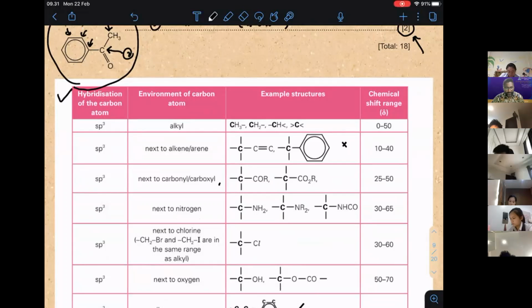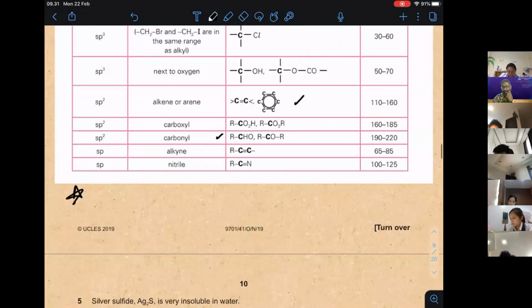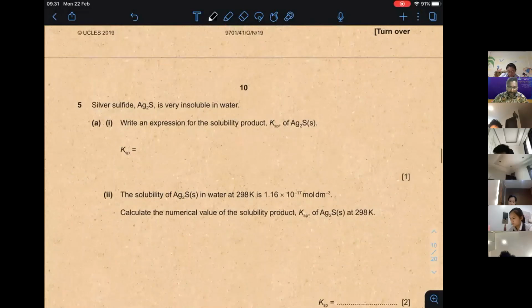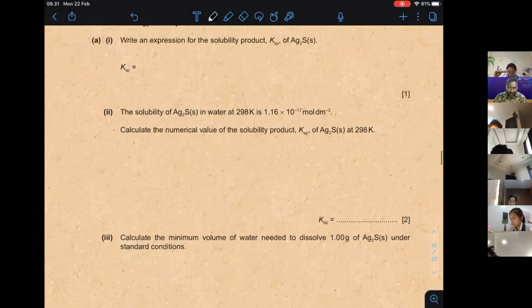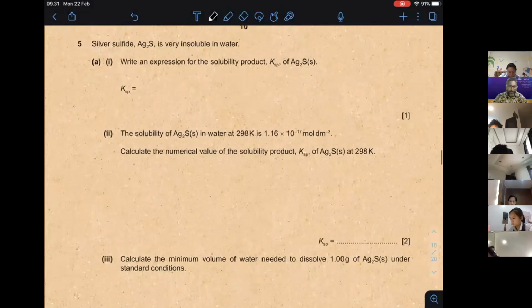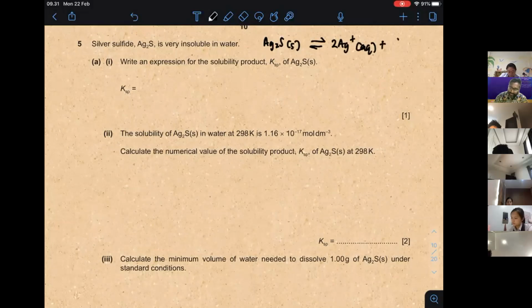Now next, silver sulfide is going to be very insoluble in water. Write an expression for the solubility product of Ag2S. So this one is Ag2S solid, which dissociates into 2Ag+ aqueous plus S2- aqueous. It is very insoluble in water.